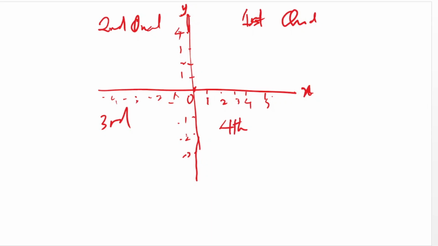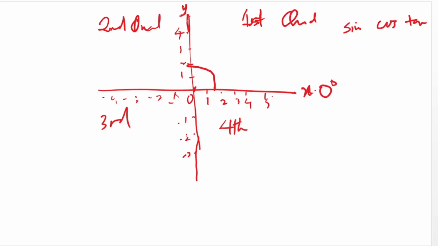Now, what we want to achieve here is to look at the trigonometric ratios: sine, cosine, and tangent. At the first quadrant, from this place to this place, this is 0 degrees.